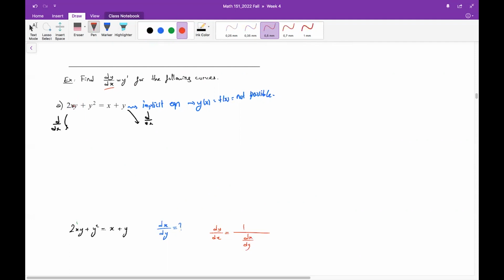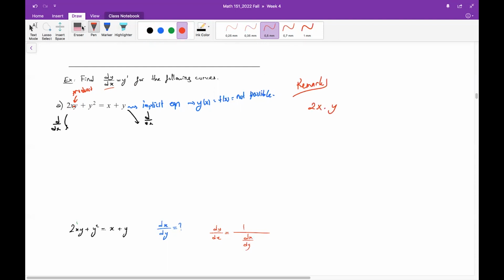And for the first term here, we have to be careful because we have a product function here. And don't forget, y is a function of x. That's why the first term is a product of two functions, both depending on x. So we will apply the product rule for that one. Maybe I can handle it separately here. 2x times y.